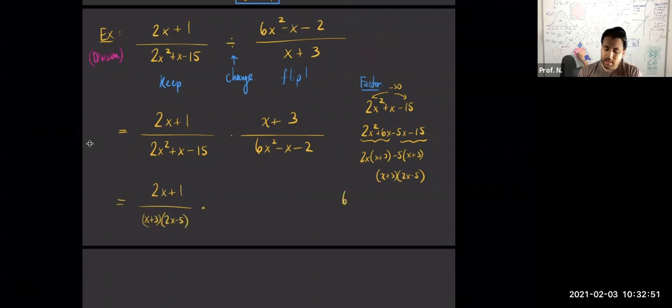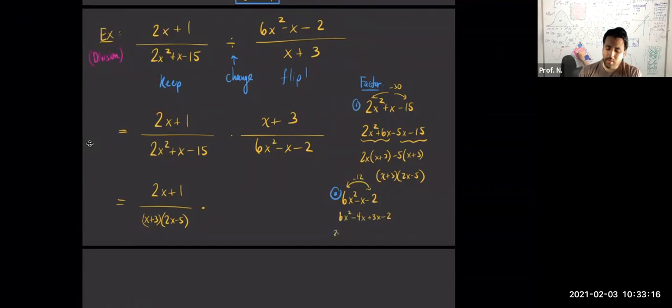And then what does 6x squared minus x minus 2 become? You can factor this. This is 1, this is 2. So when we factor, this is 6 times -2, this is -12. And then you can make this into what? 6x squared minus 4x plus 3x minus 2.